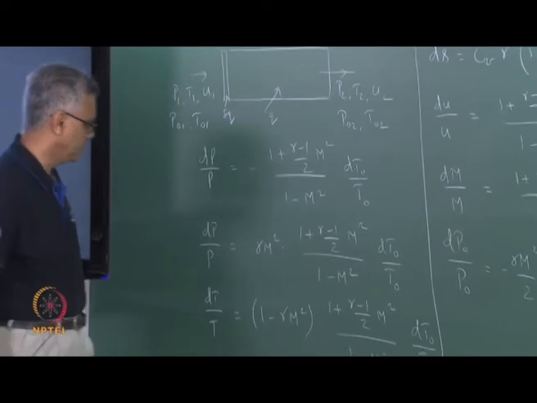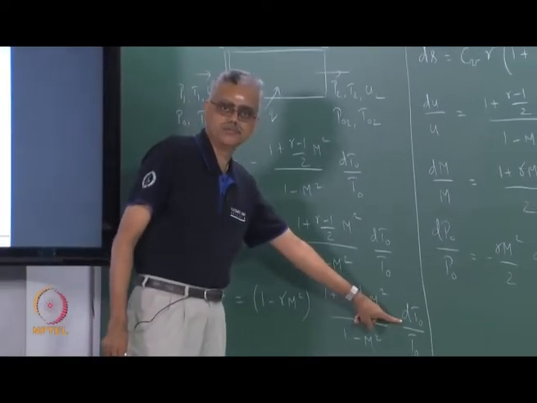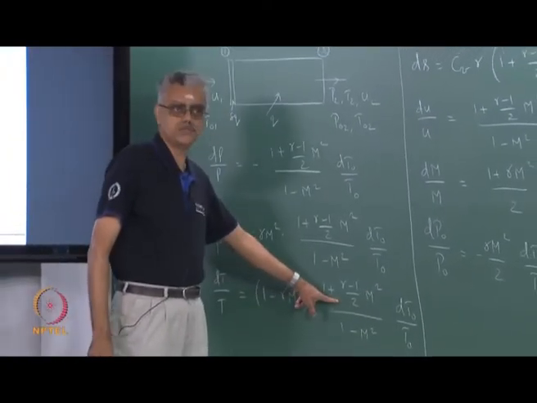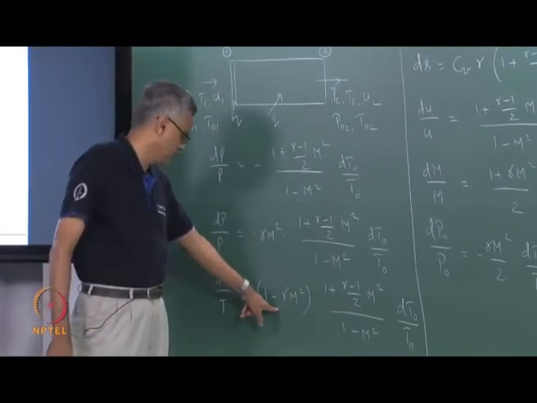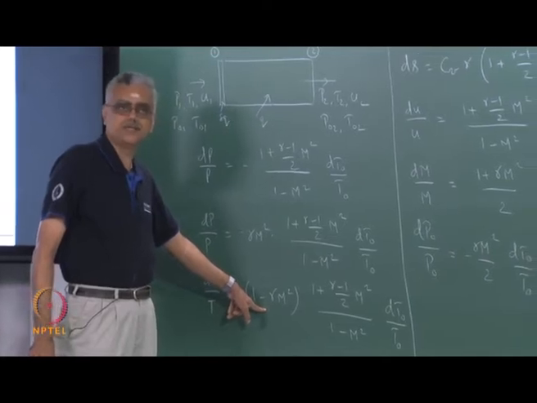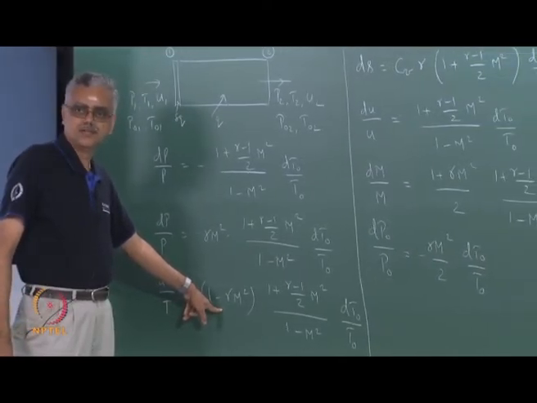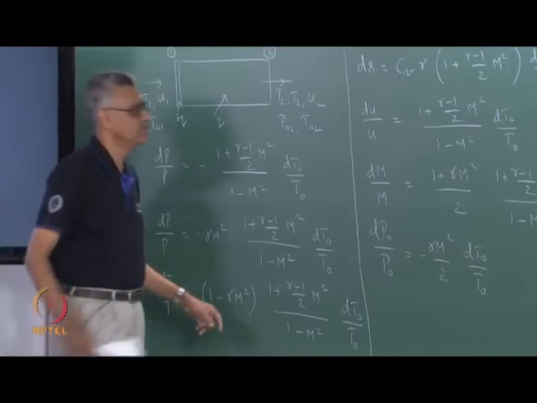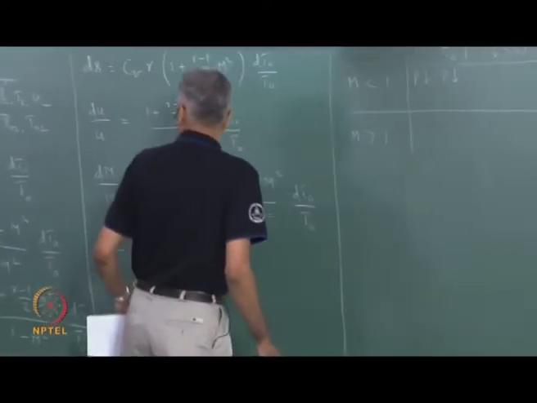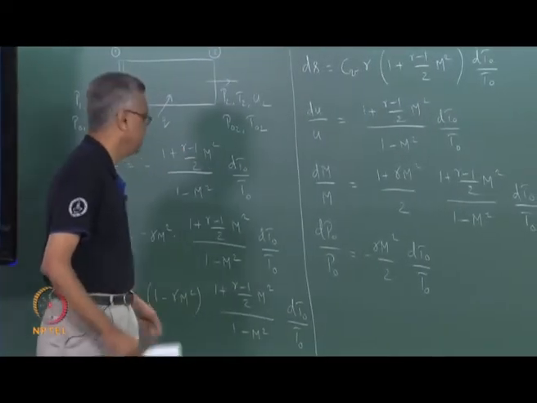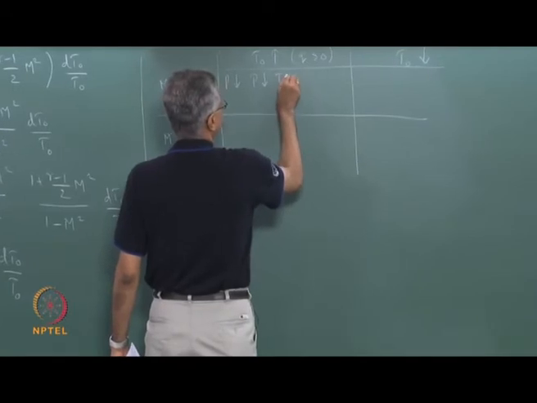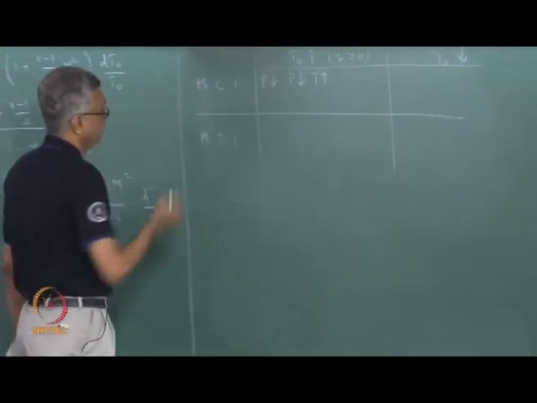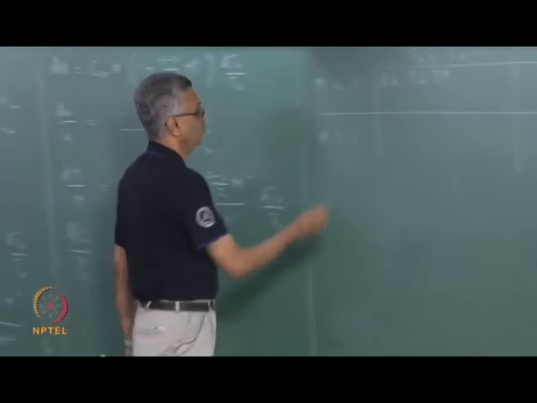Now, temperature is a little bit tricky, this term is positive, correct, this is positive, this is also positive, m is less than 1, but if you look at this expression, this is positive only when m is less than 1 over square root of gamma. Okay. So, generally then when m is less than 1 over square root of gamma, dT is positive. So, I am going to write it like this. So, T increases when m is less than 1 over square root of gamma, right.